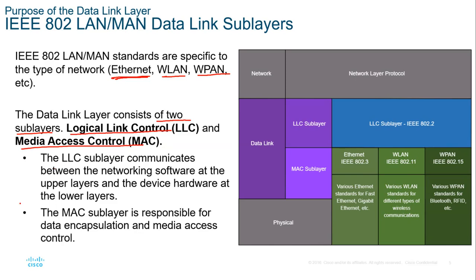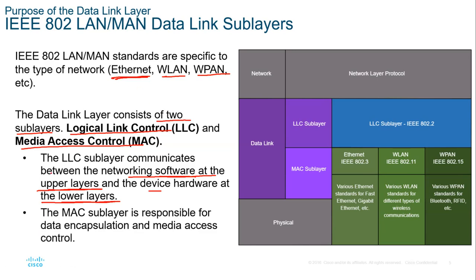So the logical link control sublayer communicates between the networking software at the upper layers, in other words the applications that are used, and the device hardware at the lower layer, that is the data link layer and the physical layer.